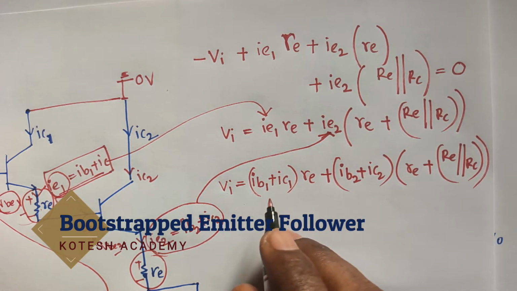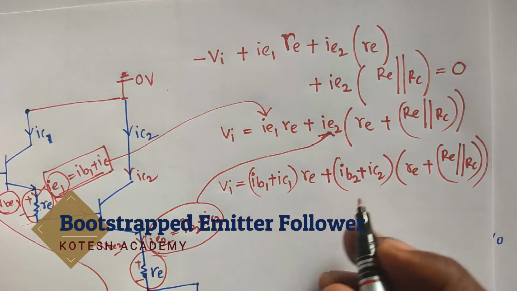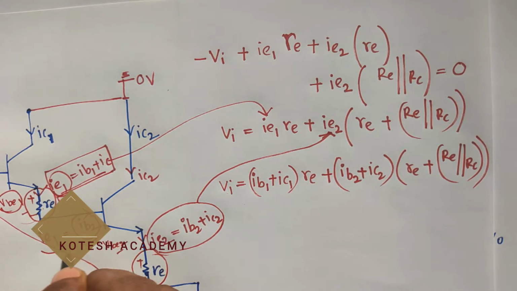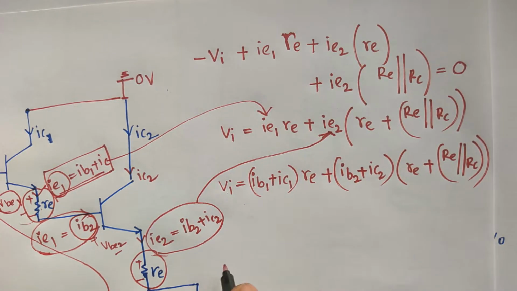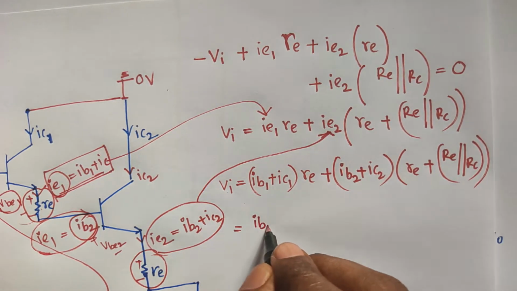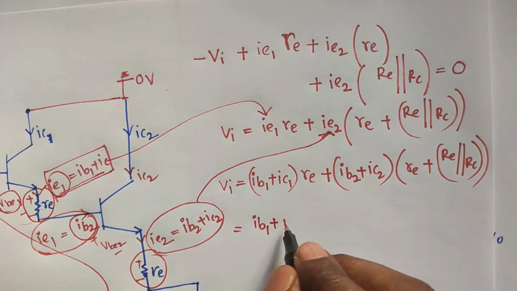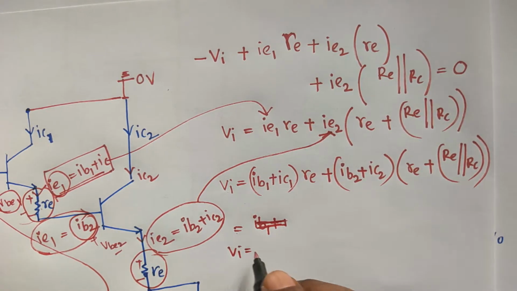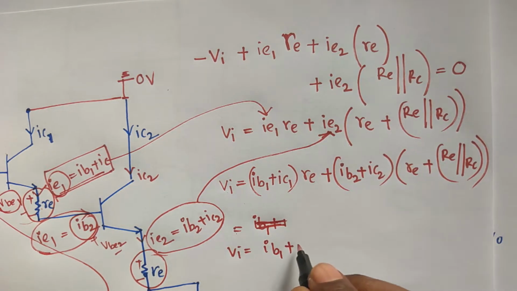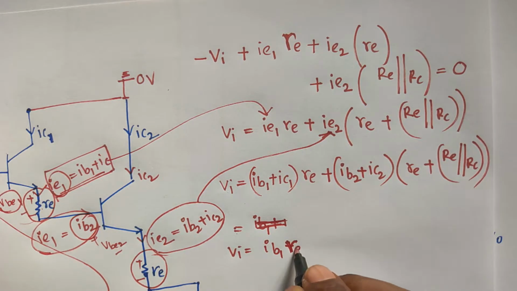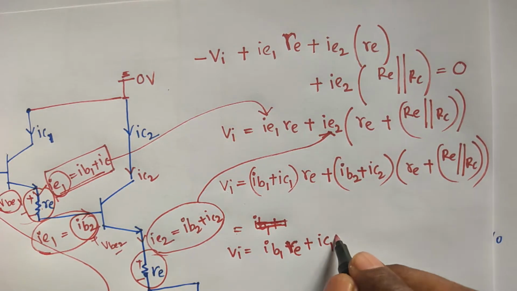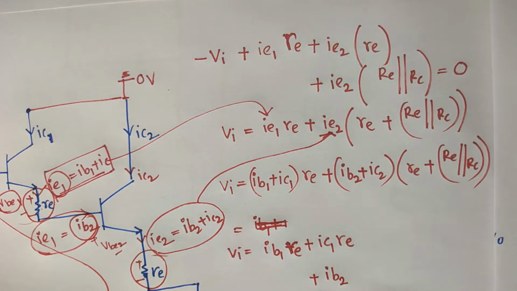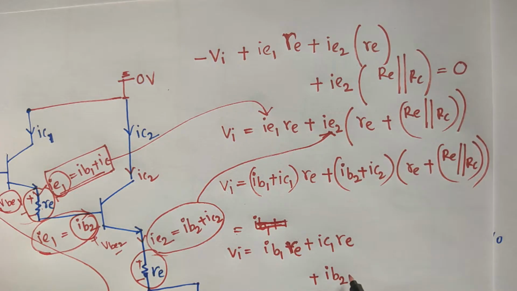Now I would like to extract that input voltage in terms of that. So we know here IB2 is equal to IE1. So this is IB1 plus, so simply VA is equal to IB1 into RE plus IC1 into RE plus IB2 into RE.